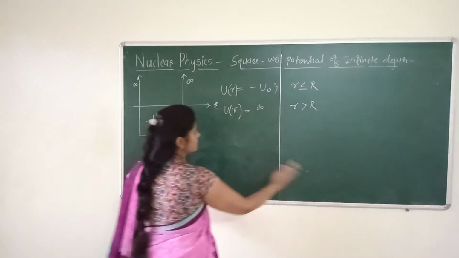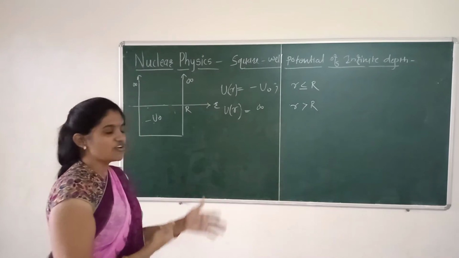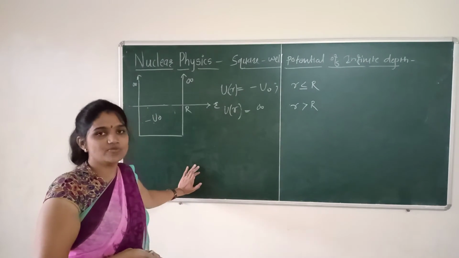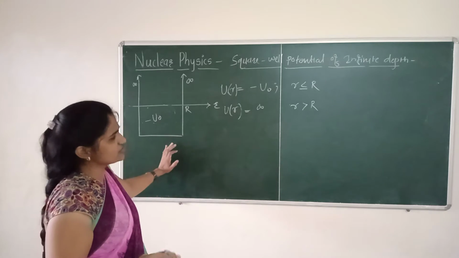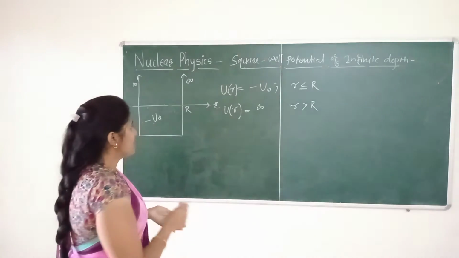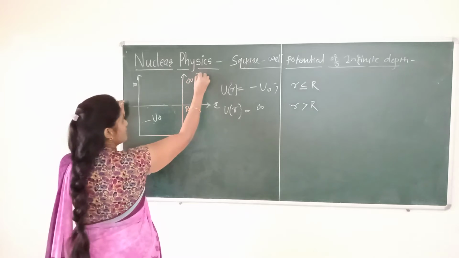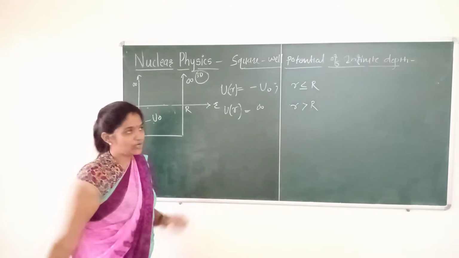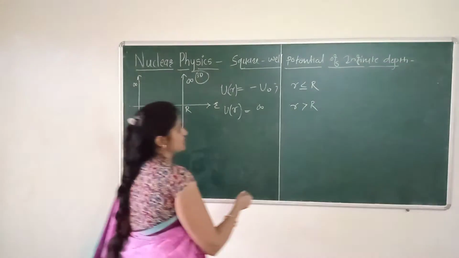Understand? Now, for the square wave potential we find the solution of the Schrodinger equation. Here also it is the same, only this is a 3D problem. Now see, what is our Schrodinger equation?